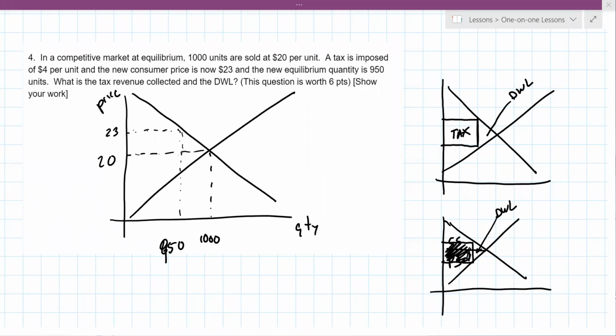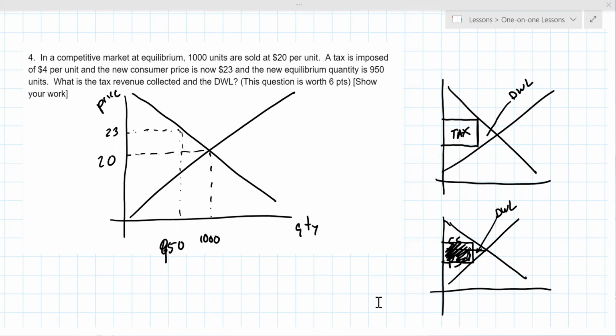Okay, so let me find. They have the same question with the same numbers. So let me just figure out how they got the answers. So the tax revenue, let me just do a quick calculation here before I say anything.